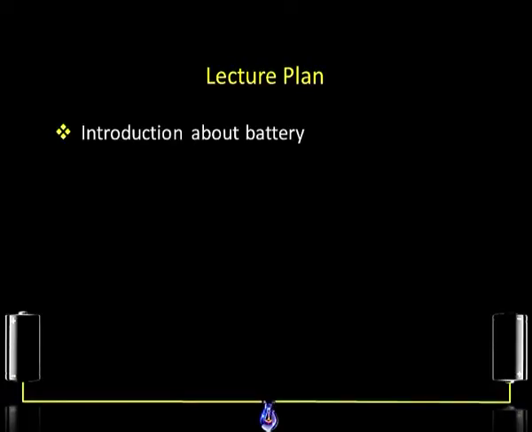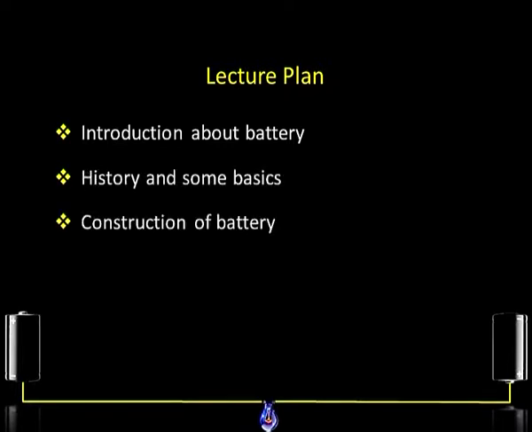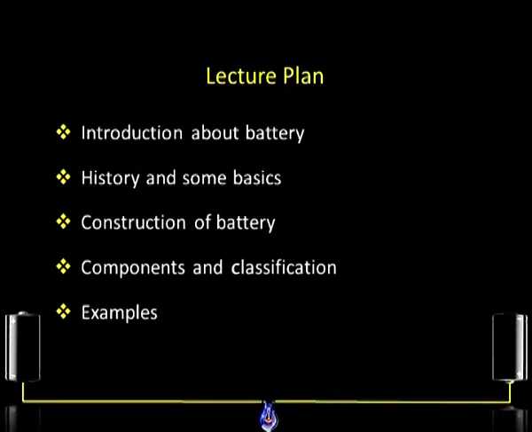So I'll be taking up the topic of batteries in the upcoming episodes, and in this episode I will be discussing the basic concepts of battery, how it was invented, its construction, components, and classification of batteries with some examples.